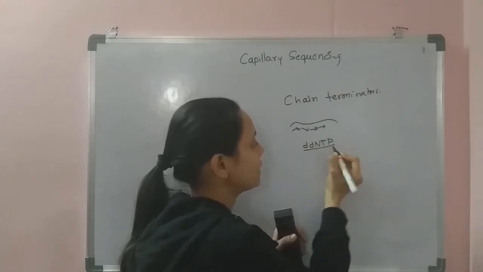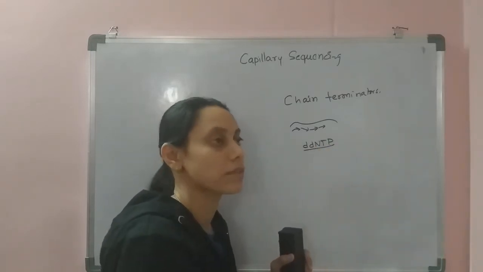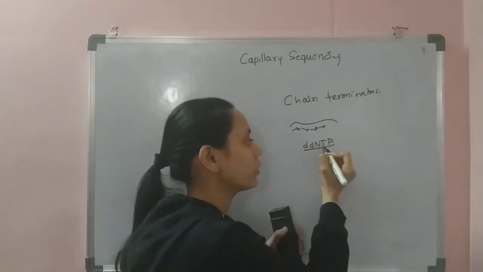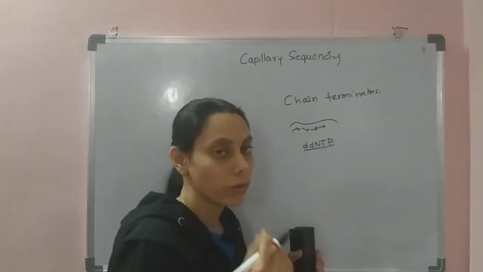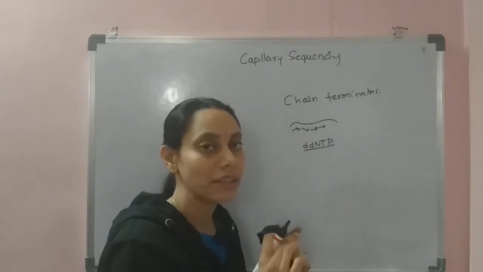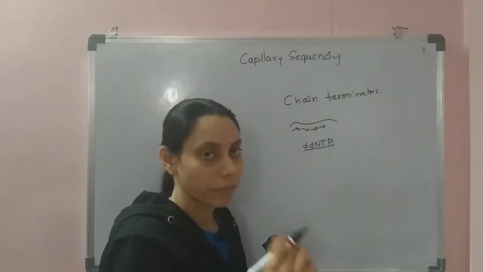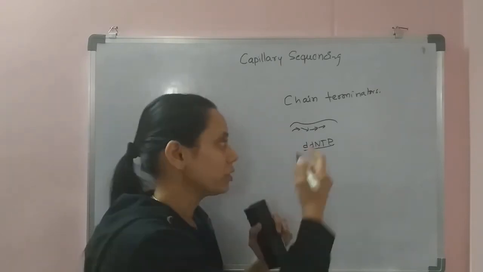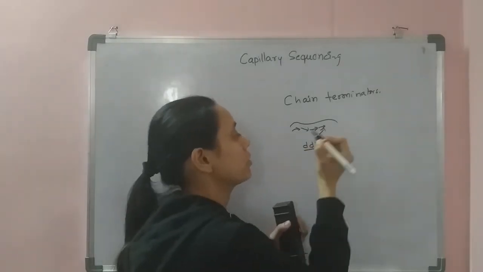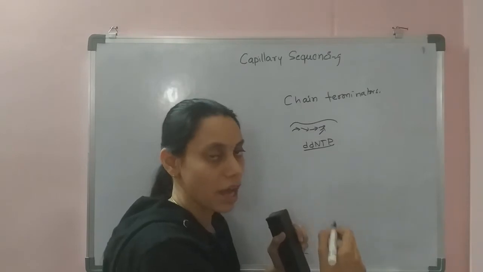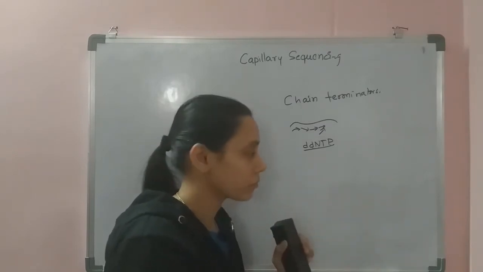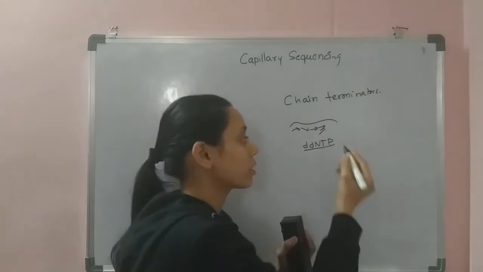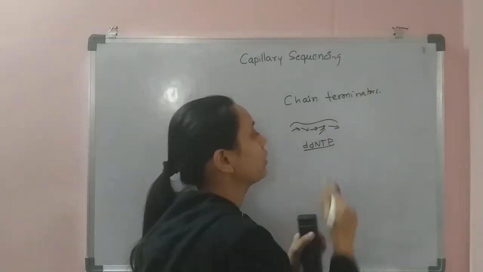So these ddNTPs are the chain terminators. That means these dideoxynucleotide triphosphates don't have the oxygen moiety at the 3' position. That means they can enter the growing DNA chain as a normal nucleotide, but they cannot continue the synthesis of the DNA.